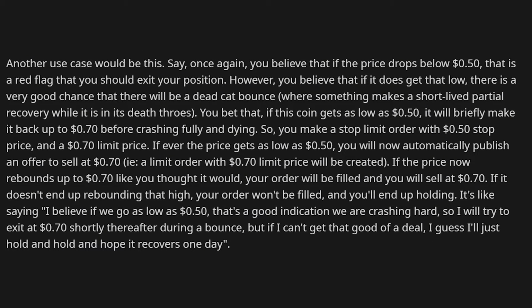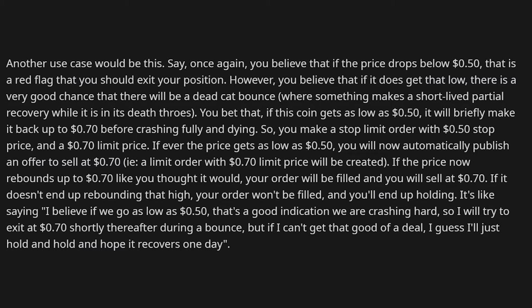Say, once again, you believe that if the price drops below $0.50, that is a red flag that you should exit your position. However, you believe that if it does get that low, there is a very good chance that there will be a dead cat bounce, where something makes a short-lived partial recovery while it is in its death throes. You bet that if this coin gets as low as $0.50, it will briefly make it back up to $0.70 before crashing fully and dying.